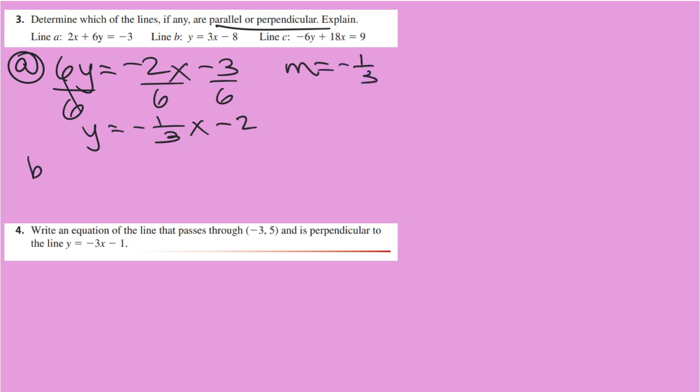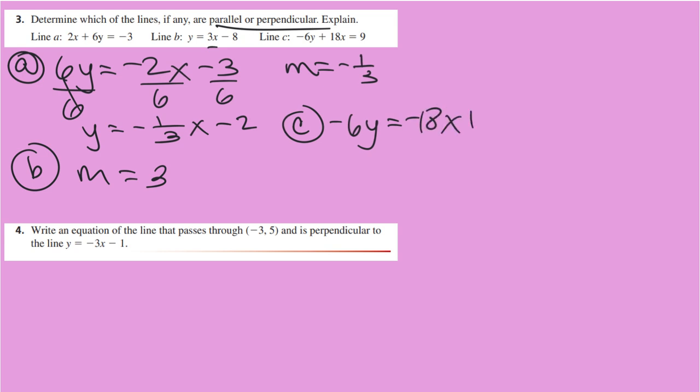My slope for line B is given to me, 3. And finally, for line C, I have to rearrange again. So I'm going to have negative 6y equals negative 18x plus 9. Now I'm going to divide by negative 6 on all sides.